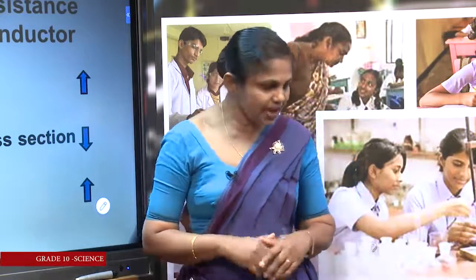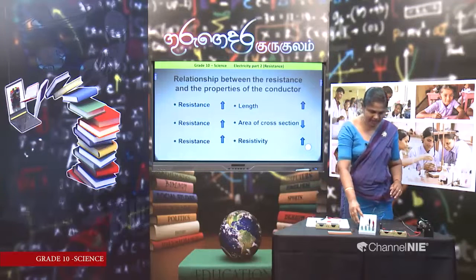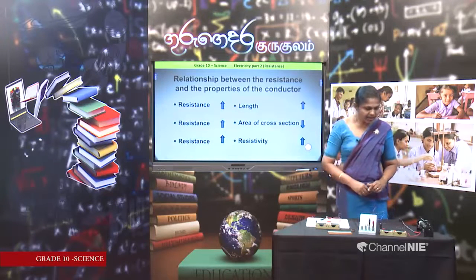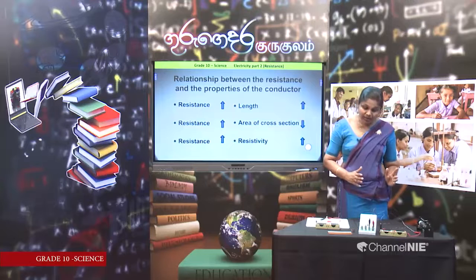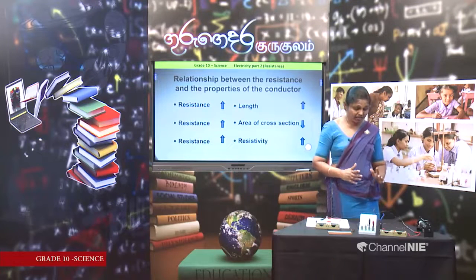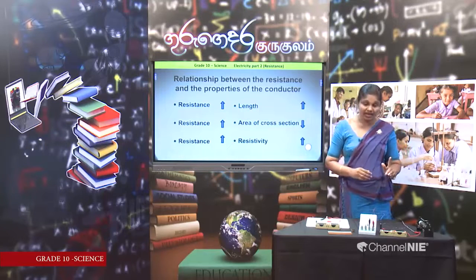Okay, let me explain by doing a simple activity whether the material composition affects the resistance, what happens when the length is high and what happens when the cross-sectional area of the conductor is high.